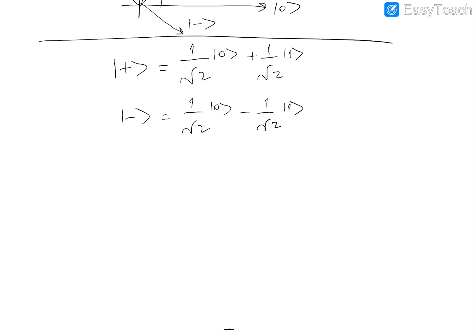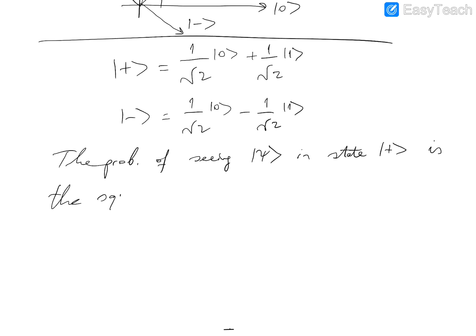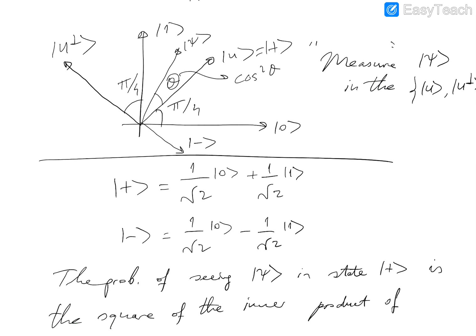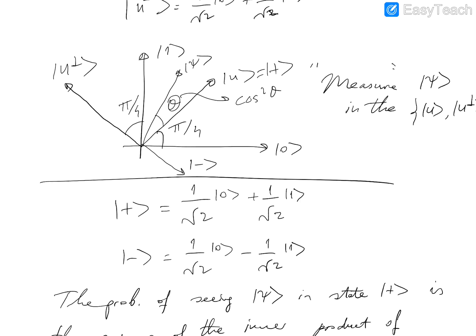So let's write that down. Suppose that psi is, let's say, 1 over 2 ket 0 plus square root 3 over 2 ket 1.